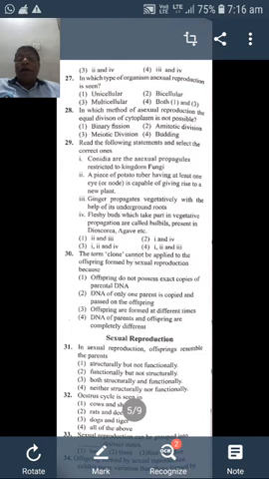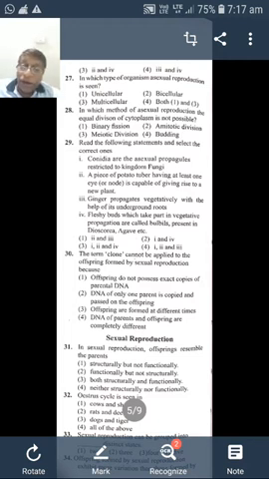Okay. The answer is the first one. DNA of only one parent is copied and passed on to the offspring? Not possible during sexual reproduction. Offspring are formed at different times. Of course, offspring are formed at different times, but they are not similar.